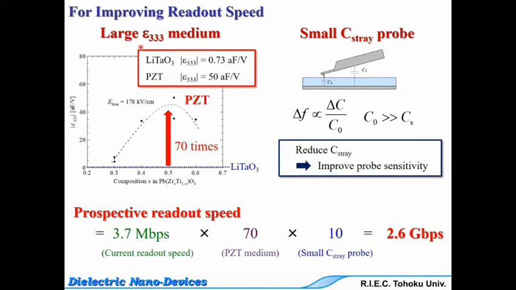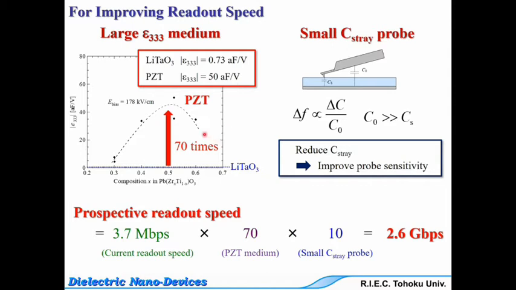To do so, we need a medium with a large epsilon 33 nonlinear dielectric constant. Lithium tantalate single crystal has an epsilon 33 of 0.73 at F/V. On the other hand, PZT has a large epsilon 33 value of the order of 50 at F/V.